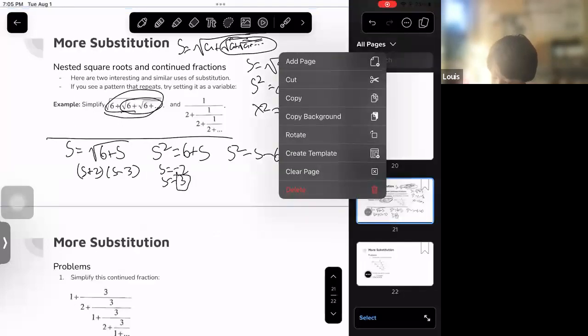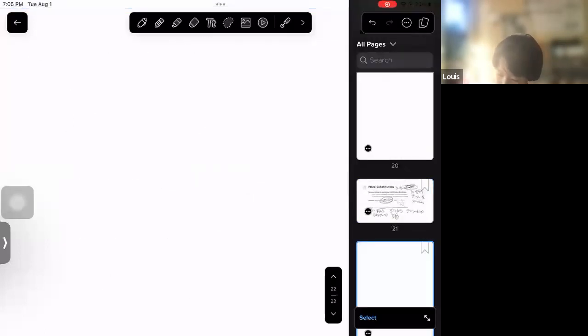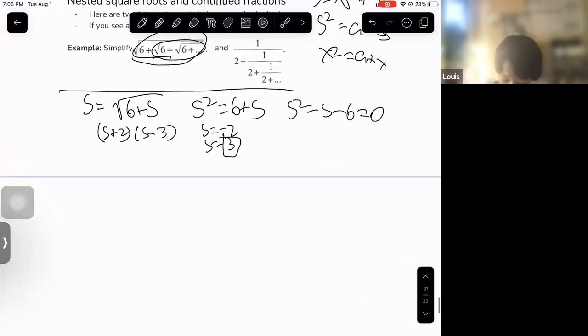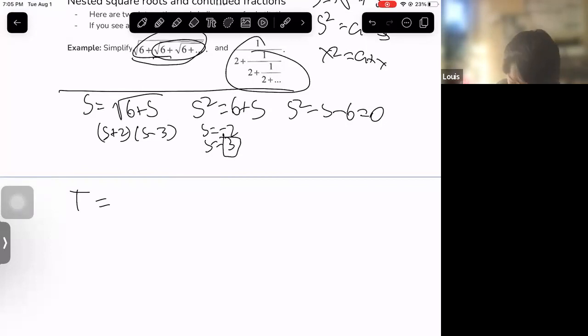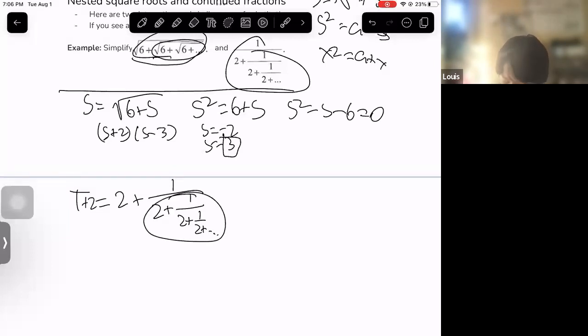And for the second one, we suppose that T equals this. So T plus 2 equals 2 plus 1 over 2 plus 1 over 2 plus 1 over 2 plus and so on, up to infinity. And then we find that this also equals T plus 2.